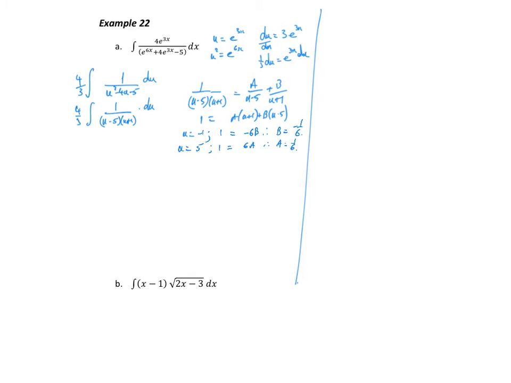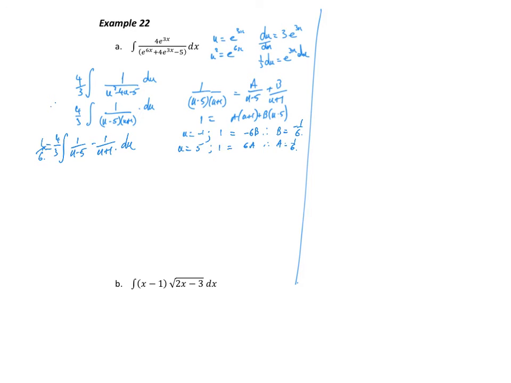So we get our integral is given by 4/3 of, let's bring 1/6 out the front, and that leaves me with 1 over u minus 5 minus 1 over u plus 1 du.